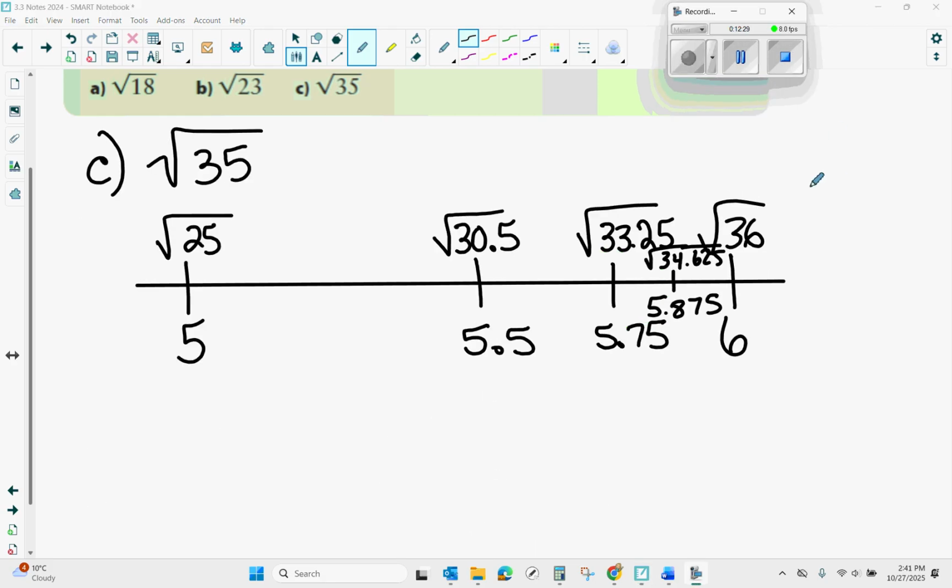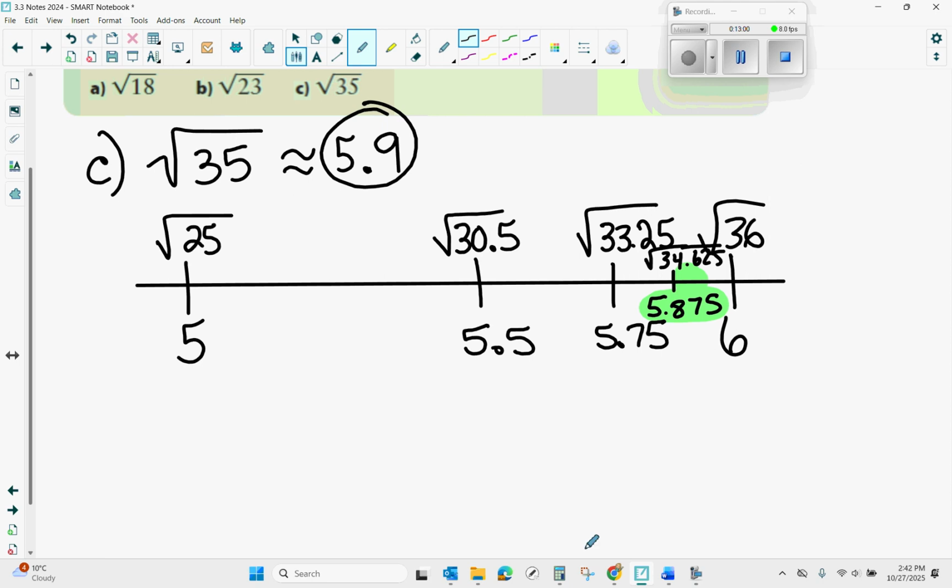You might have had a chance to try this one yourself. My work looks like this. I'm going to estimate the square root of 35, which I know is a little bit higher than the square root of 34.625. So my guess, I'm going to make my number a little bit higher than this, which I would say is 5.9.